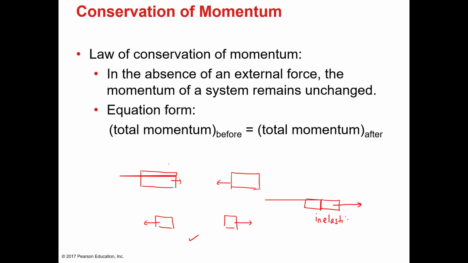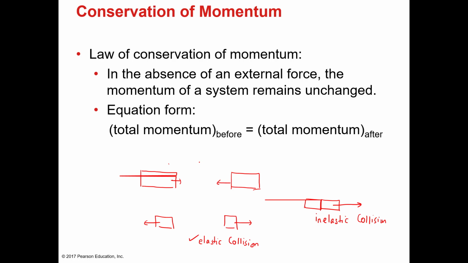So after the collision, if they get stuck, it's inelastic collision. And if they are separated after collision and move away from each other, then this is called elastic collision. So you can either have elastic collision or inelastic collision. In both cases, the total momentum remains conserved.